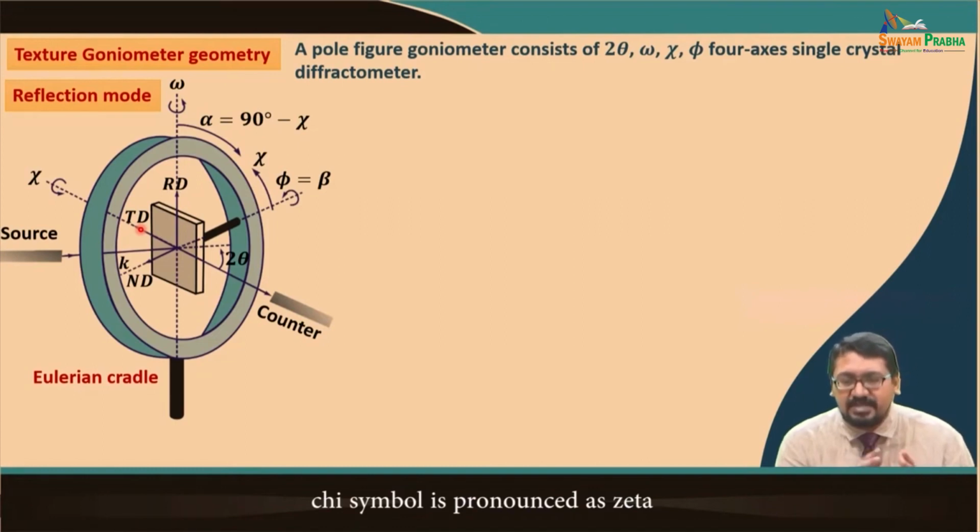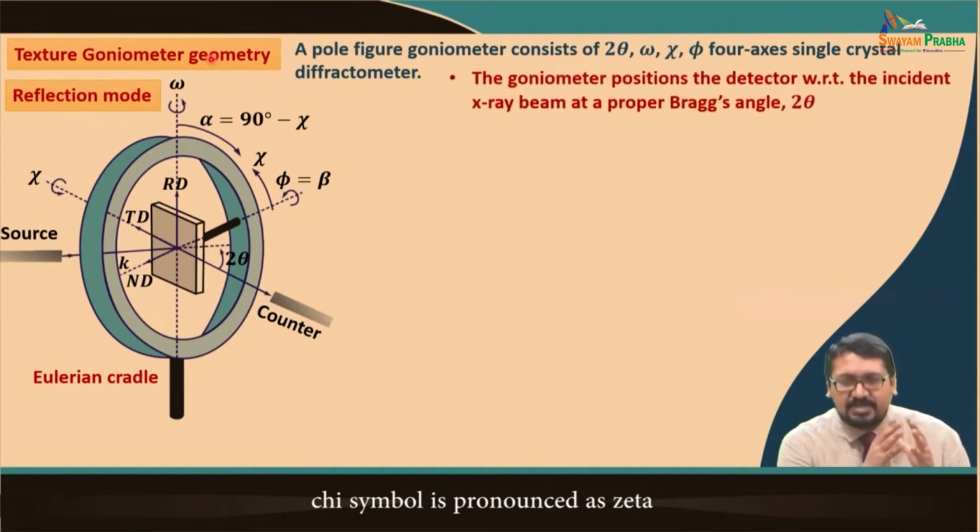As you see, this is a goniometer, which is a 4 axis single crystal diffractometer consisting of 4 angles: 2 theta, omega, zeta and phi. As I said, omega, which is a rotation along RD, is made so that it takes and confronts the 2 theta to get that 2 theta, and then we make the omega equal to 0.